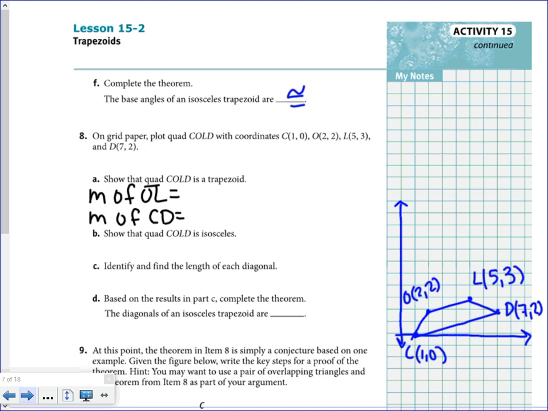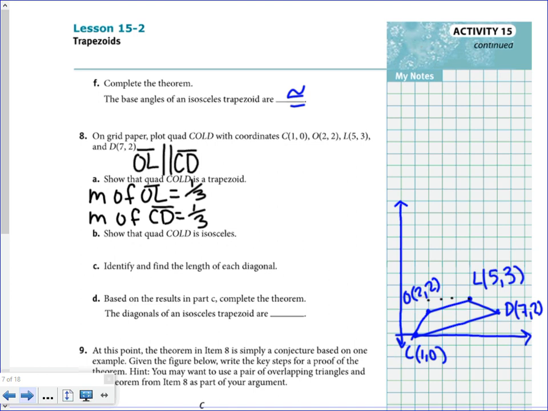And if you count the slope rise over run, up 1 over 3, your slope is 1/3. If you look at the slope of CD, you go up 2 and over 6, which reduces to 1/3, which means OL is parallel to CD.